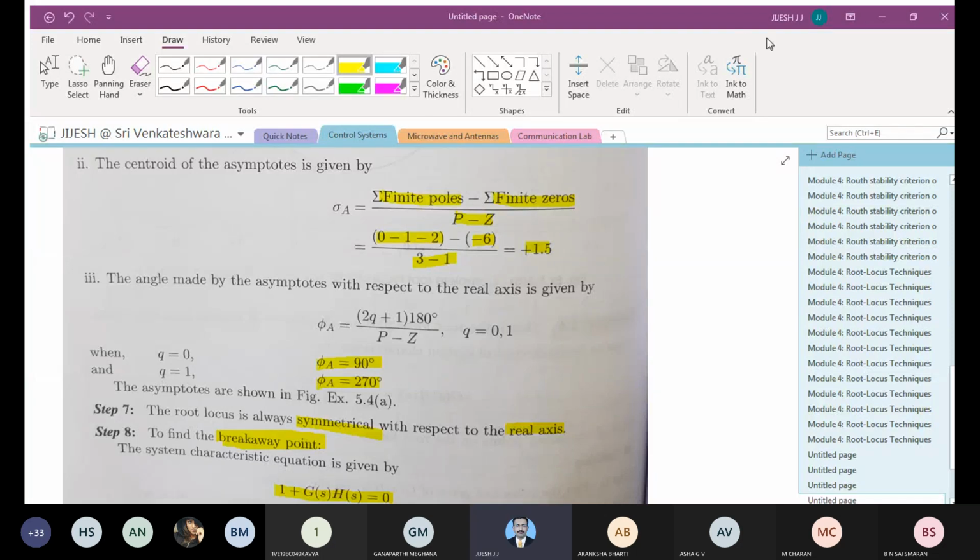So practice all these problems. So we have done different types of problems as well. So you get it as 1 plus g of s h of s is equal to 0.